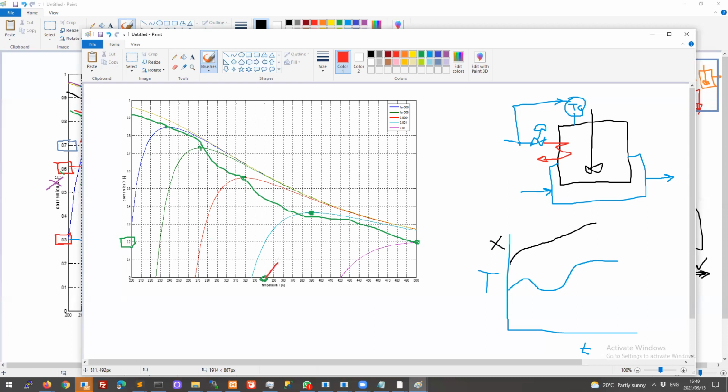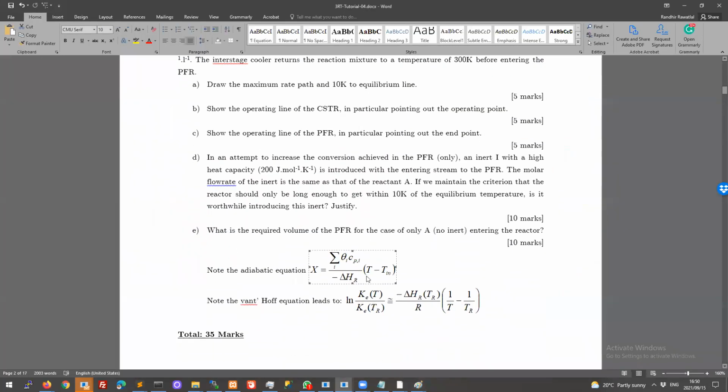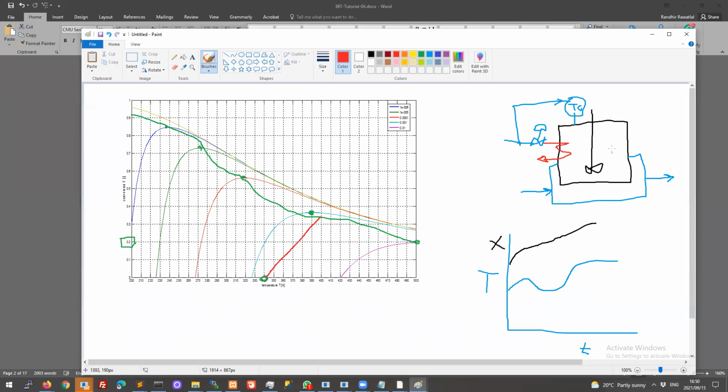So it will go adiabatically according to the adiabat that we defined before, according to this equation here. And this ratio will be your initial molar ratio, the ratio of your species in the reactor initially. So it will go up like that.